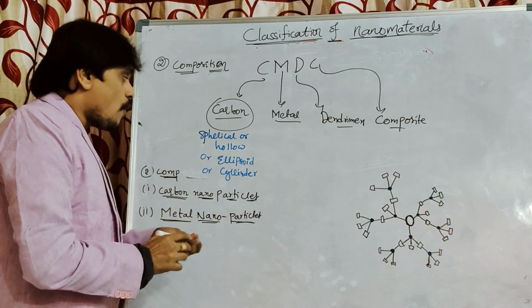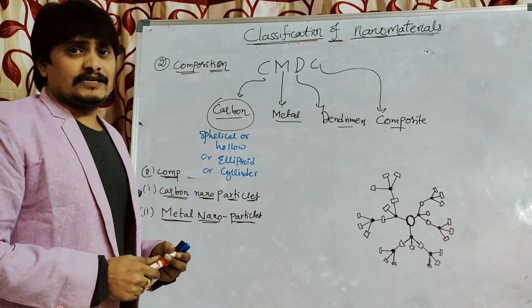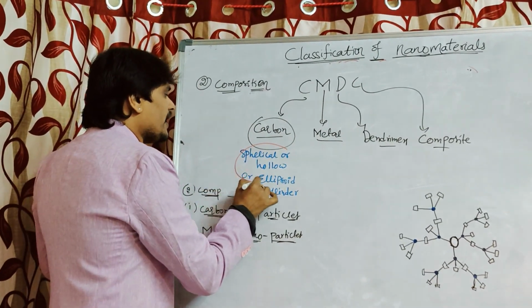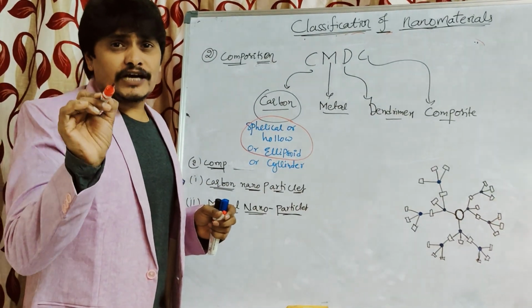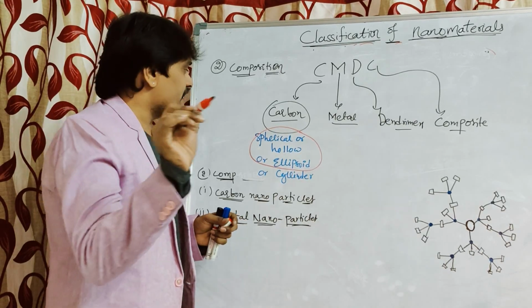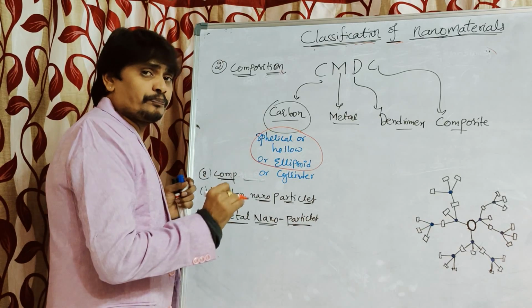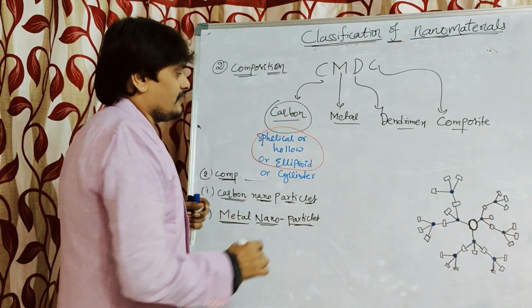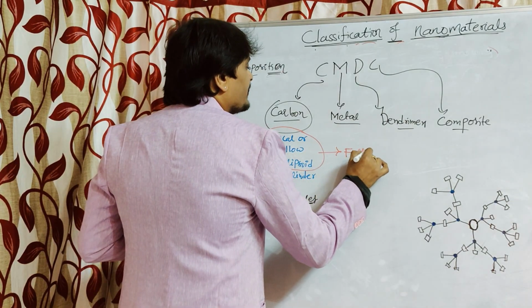If the shape of the carbon nanomaterials is spherical, hollow, or ellipsoid, then the carbon nanomaterials are fullerenes.